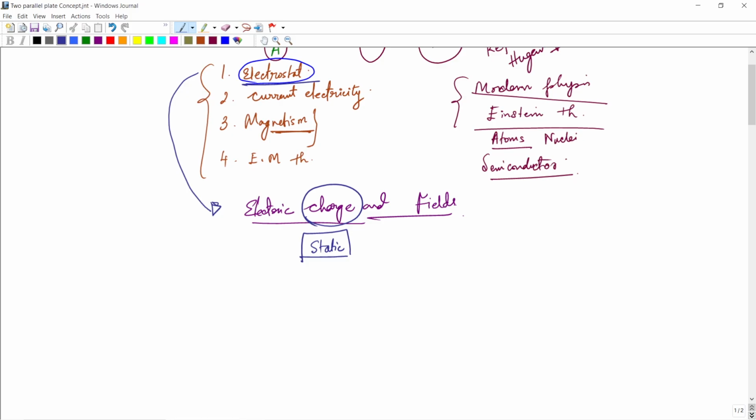We all know that all bodies are made up of very tiny particles called electrons, protons, and neutrons, in atoms and nuclei also. And there are some properties. If two charges are placed very near to each other, something happens: some force is introduced. So electrostatics deals with the study of force, field, and potential.